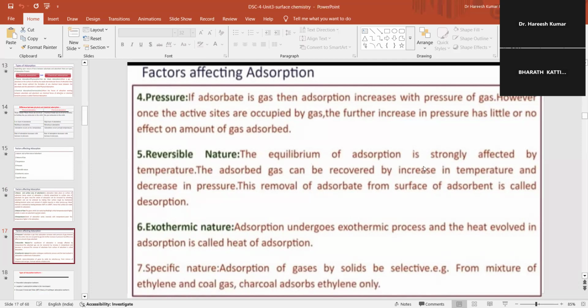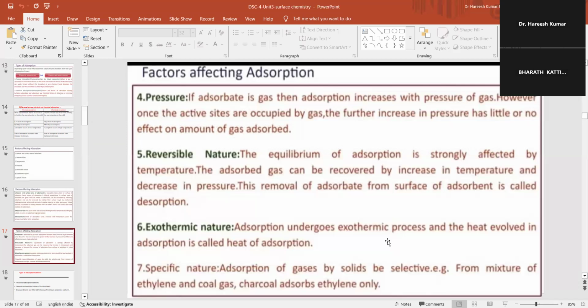The equilibrium of the adsorption is strongly affected by the temperature. That means the adsorbed gas can be removed by an increase in temperature and a decrease in pressure. This removal of adsorbate from the surface of the adsorbent is called desorption. Then exothermic nature.